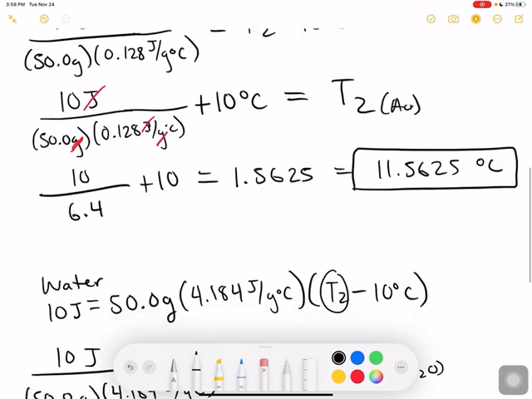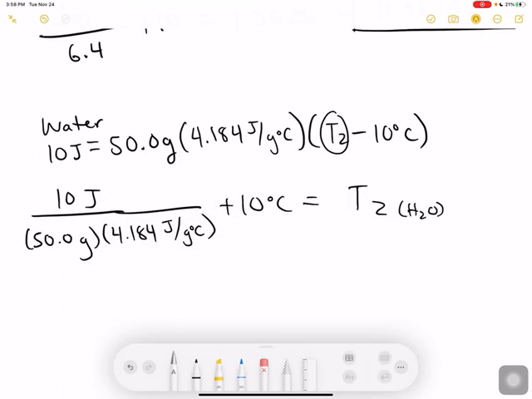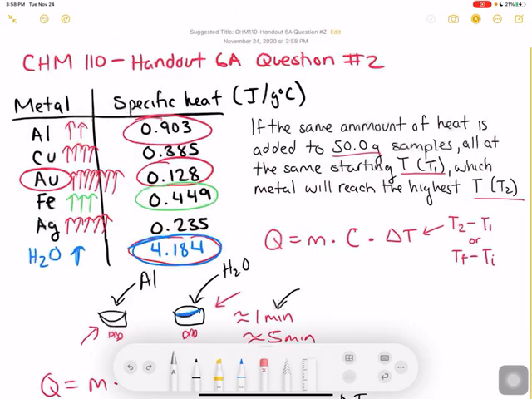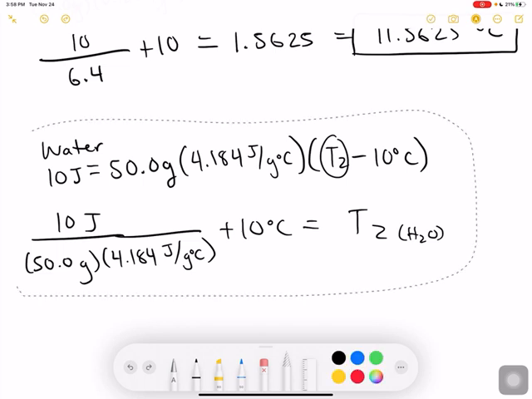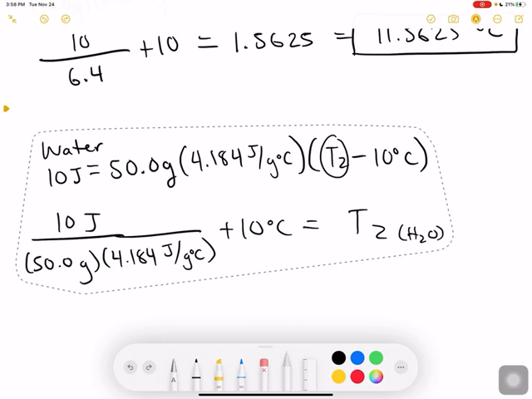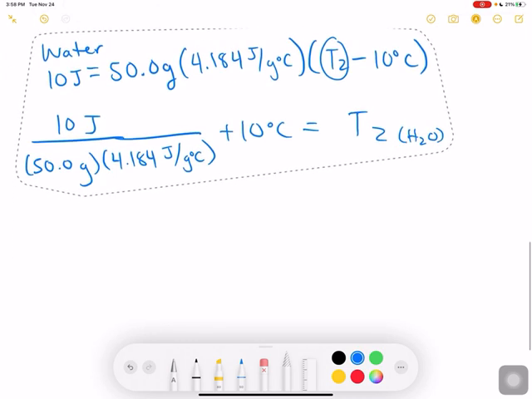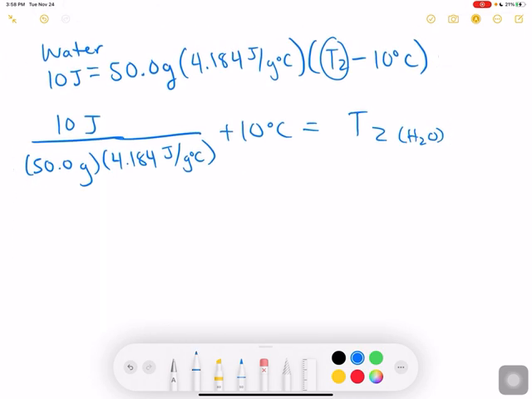Okay, let's go ahead and do the same calculation for the water. I don't know why my water turned dark in here. Okay, same operations that we're going to do right now.